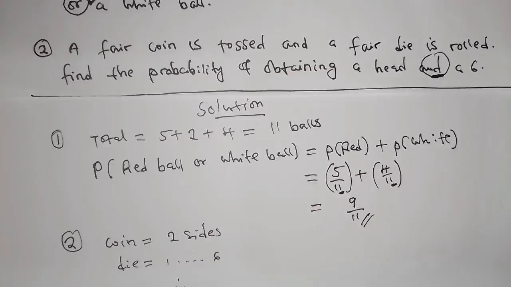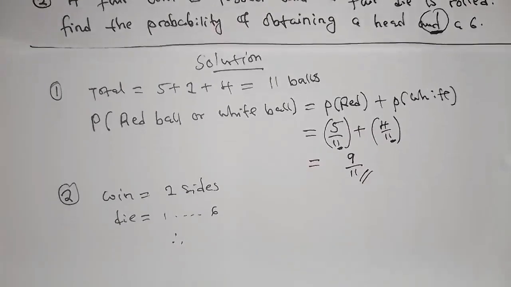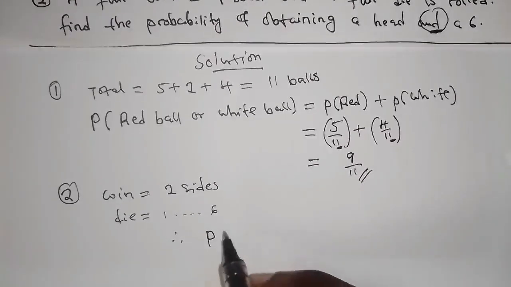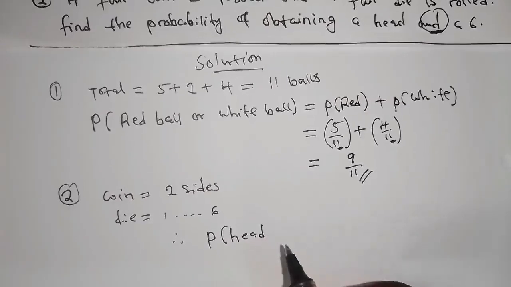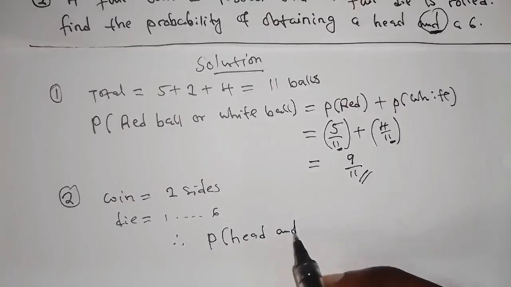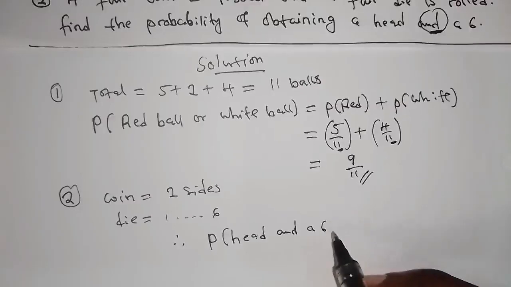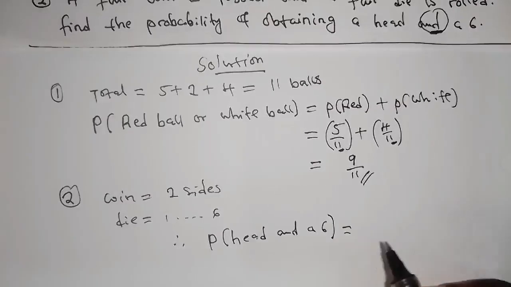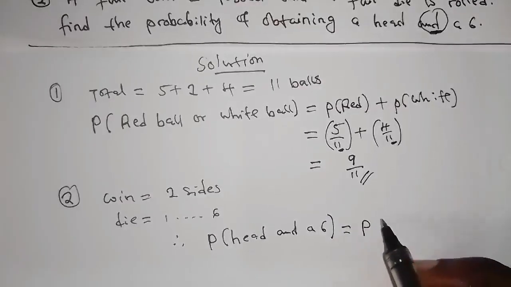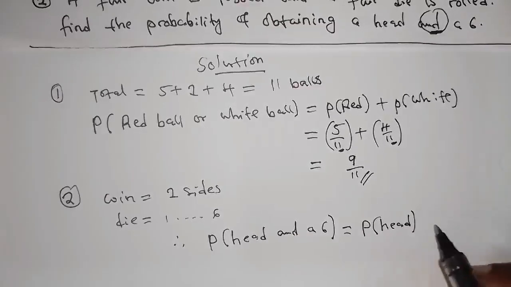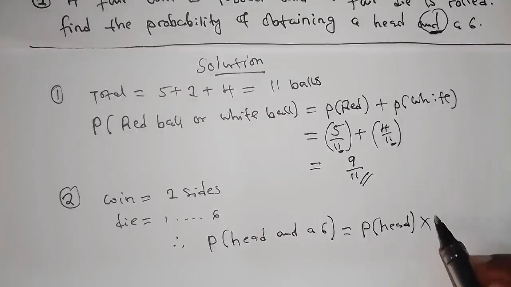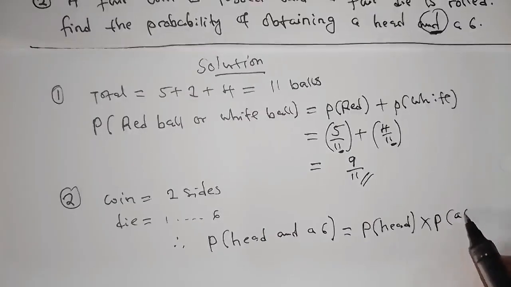Therefore, the probability that it is a head and a 6 is simply the multiplication of two events: the head multiplied by a 6.